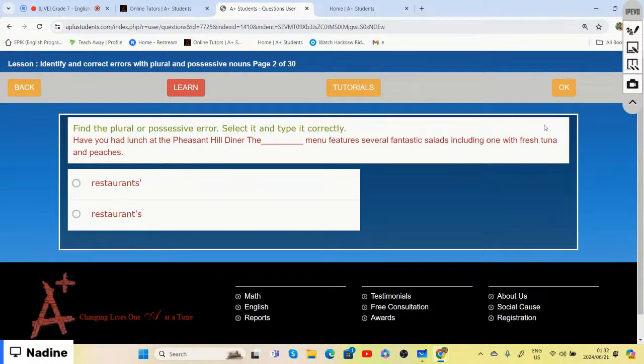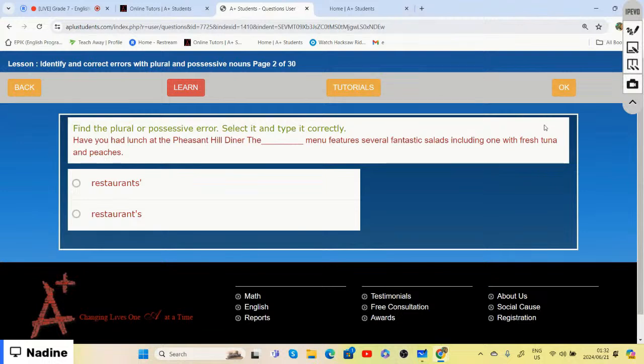All right, so now we're going to have to find the plural error or the possessive error within that sentence, right? It says, have you had lunch at the Pleasant Hill Diner?